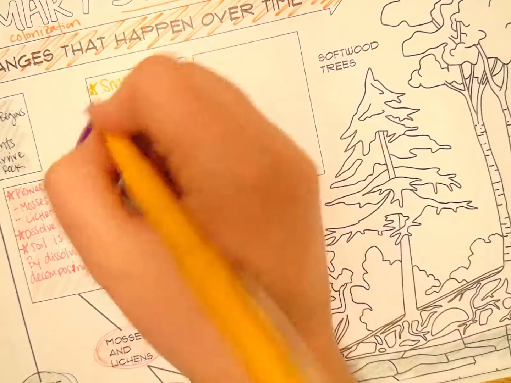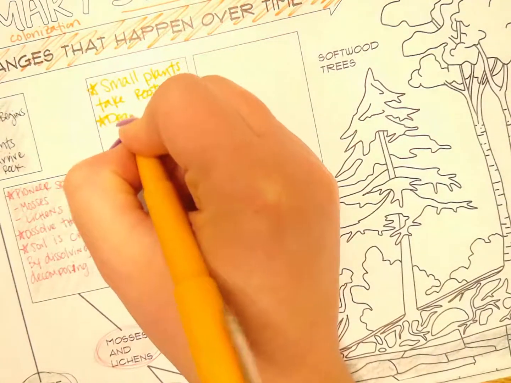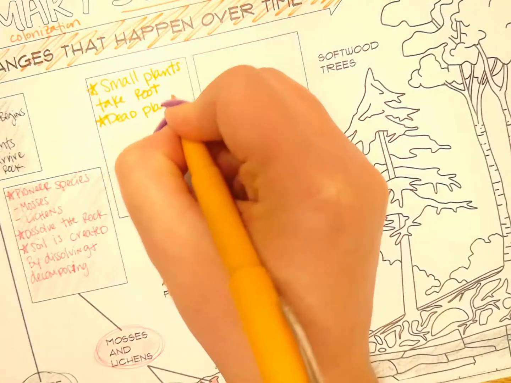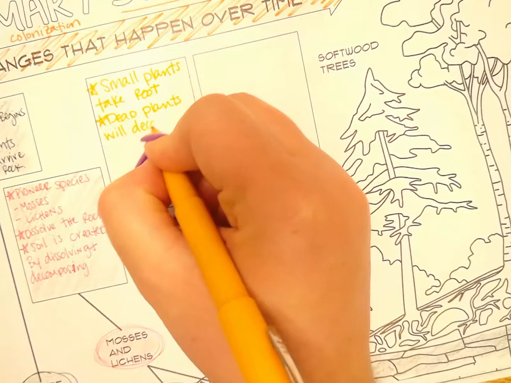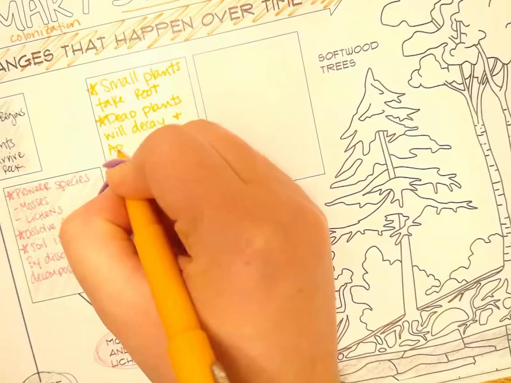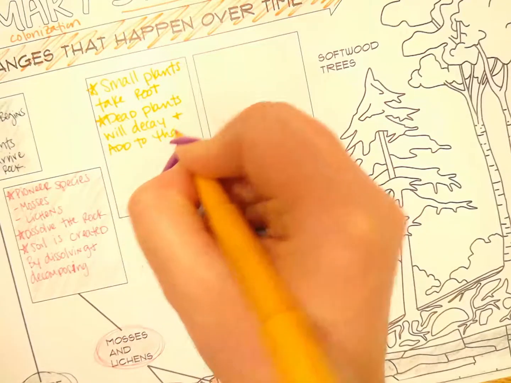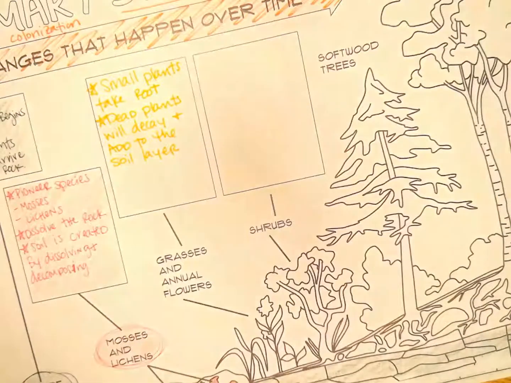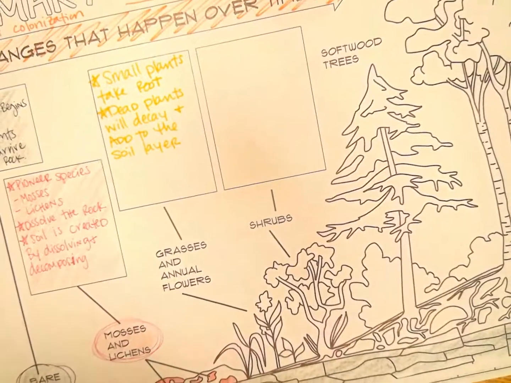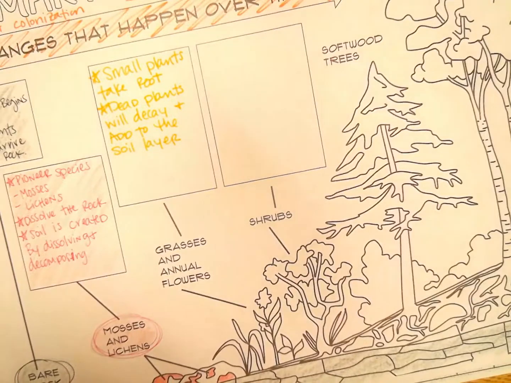Dead plants will decay, right? They're going to decompose and add to the soil layer. So the soil layer is going to get thicker and thicker as we go through each of these steps.